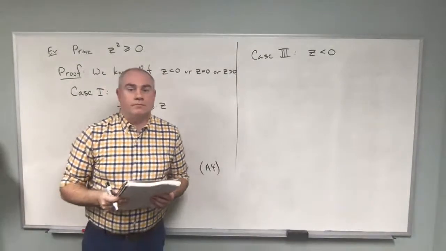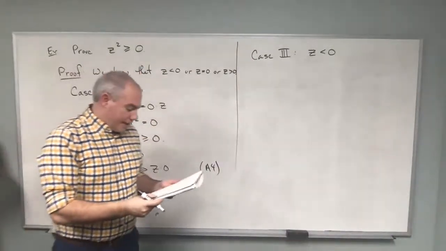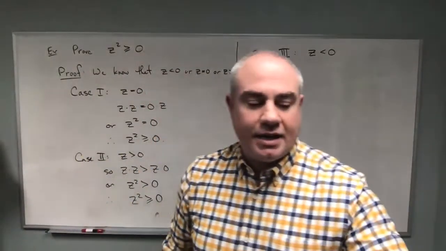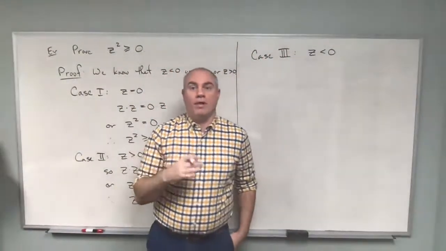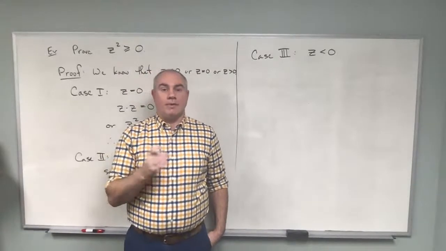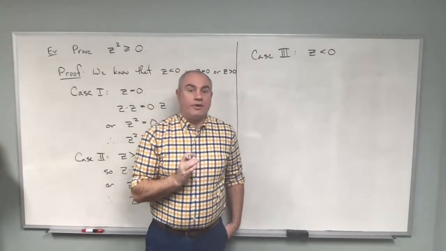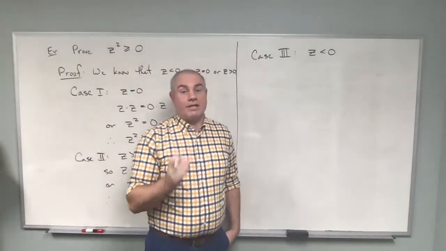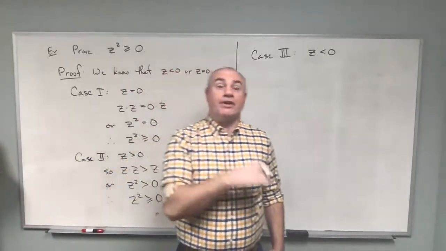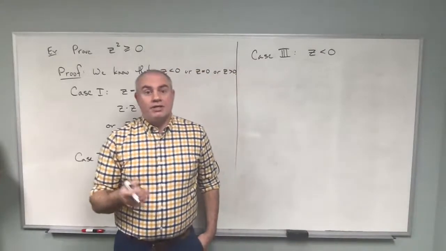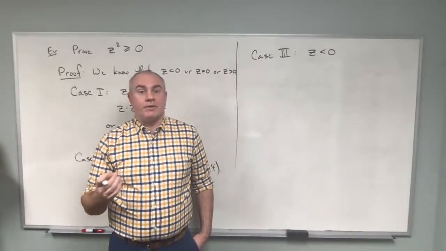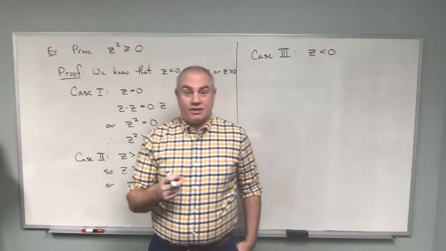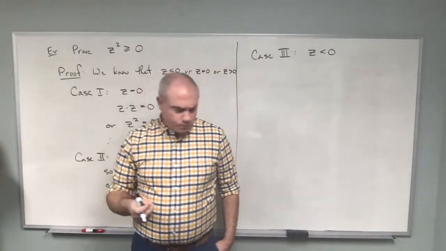If z is less than 0, this is a more interesting one because I can't just multiply both sides of this inequality by z. The reason is that I can only multiply both sides of an inequality by z if z is bigger than 0, not less than. It would be really nice if I knew something that was greater than 0 that I could multiply both sides by.